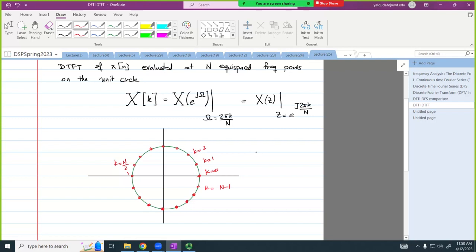And therefore, the frequency resolution is going to equal 2 pi divided by N. What is the frequency resolution?